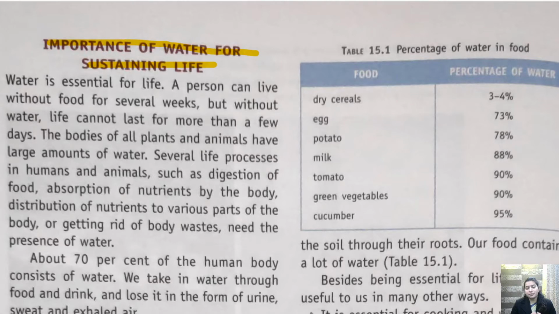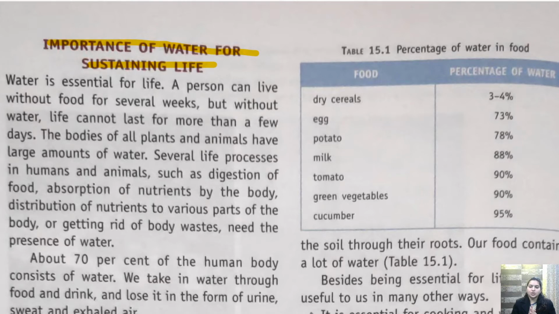Not only for us, water is very essential for plants also. And from where do the plants get water? They get the water from soil. Isn't it? Whenever we water a tree or a plant, where do we pour it? We pour the water in the soil, and with the help of roots and stem, the water travels to all parts of the plant.